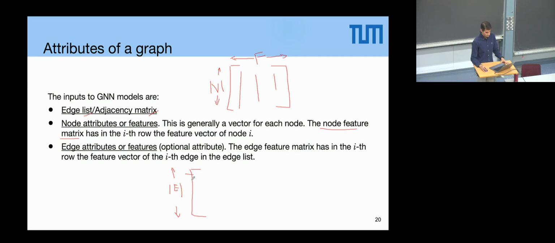This will be the first edge, the second edge, and so on. And the number of columns is equal to the number of features that we have for the edges. For instance, if we have an edge connecting two nodes, we can have the relative position, or the vector connecting those two nodes. So if we are in 2D, then we have two columns here.